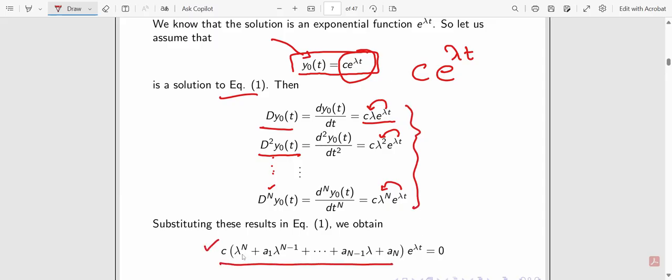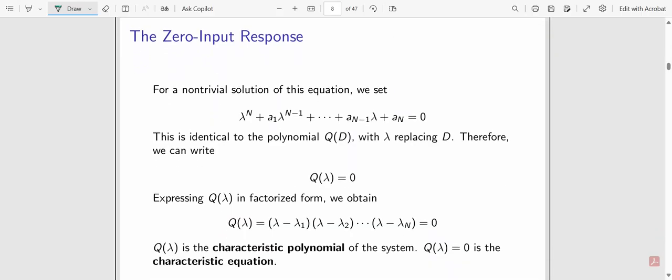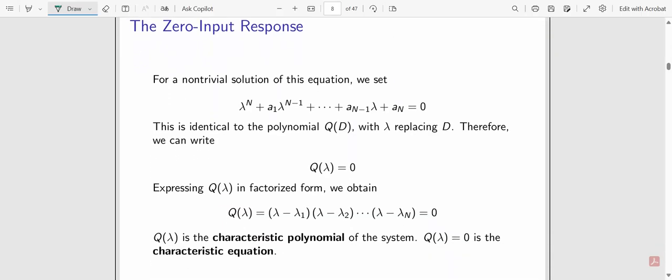We can take c common, and e raised to the power lambda t is also common, so I can take both things common. Then we take the sum of all these terms, lambda n, and so on, plus some constant, and that is equal to 0. So in this way, I can solve the equations as well.